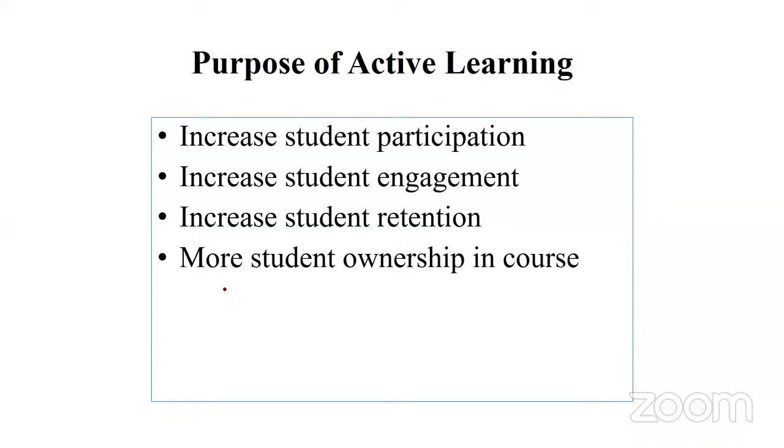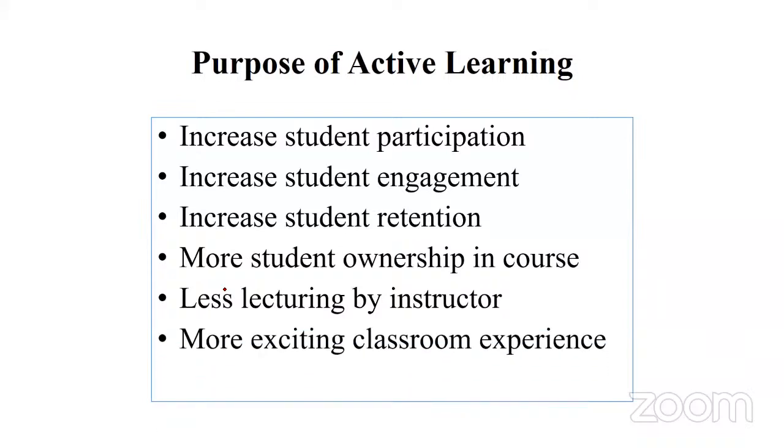And students may take ownership of the course because it's student-centric, compared to passive learning, which is teacher-centric. And here the role of the teacher or the instructor is less, so there is less lecturing. It's better learning by doing by the students. And obviously a more exciting classroom experience for the learners.